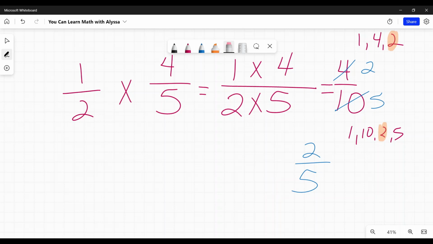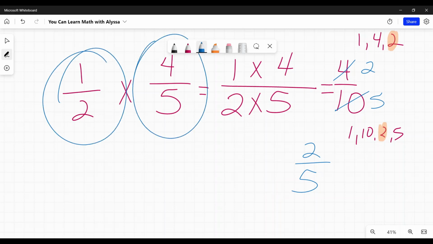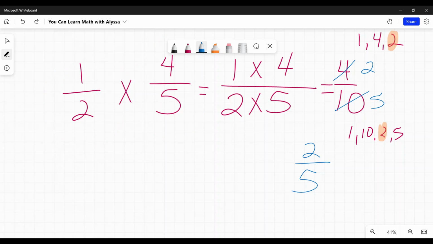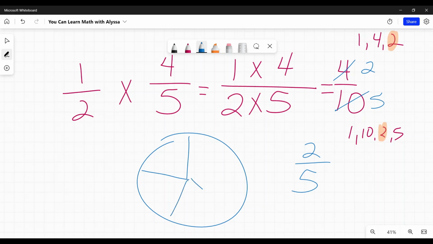What's happening with these fractions? Well, over here we're saying 1/2 of 4/5. Well, if I was to draw a circle poorly and divide it into roughly, kind of, sort of, 5 equal parts. We'll pretend those are equal. And I shaded in 4 of them. So I have 4/5.